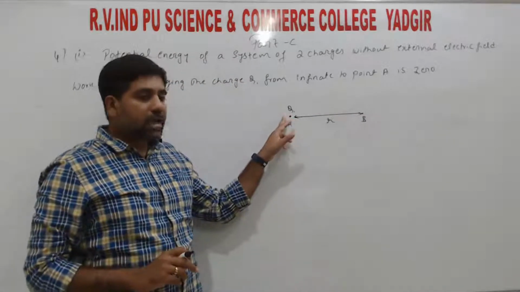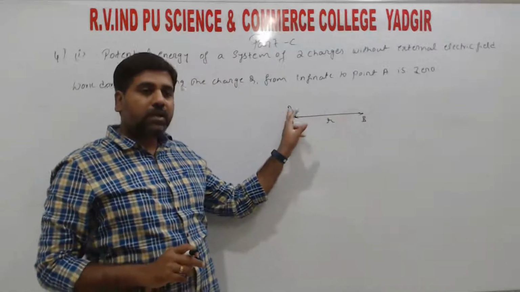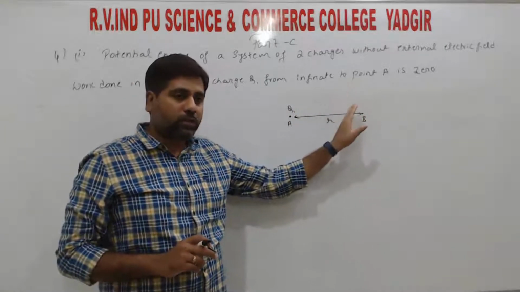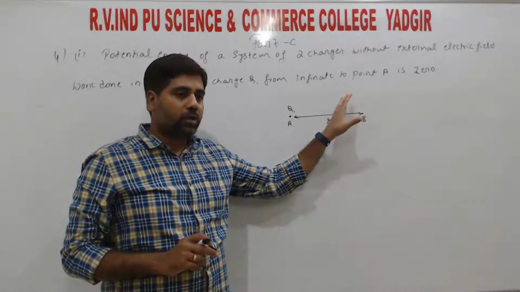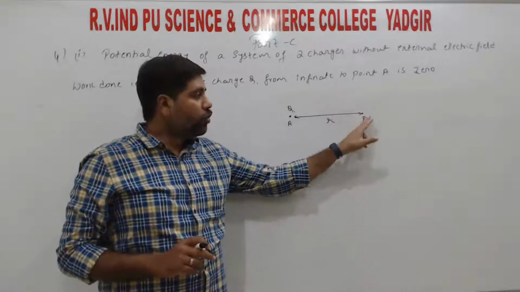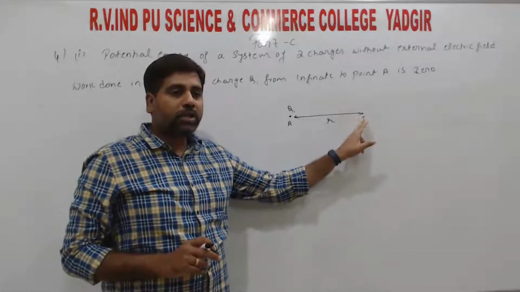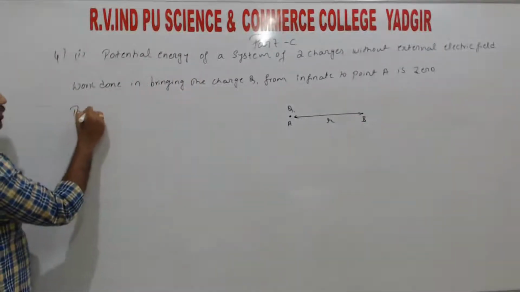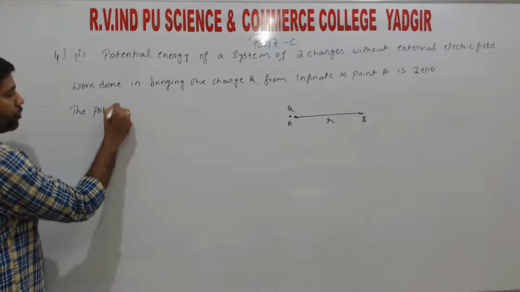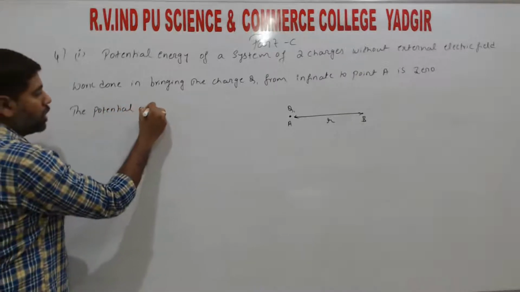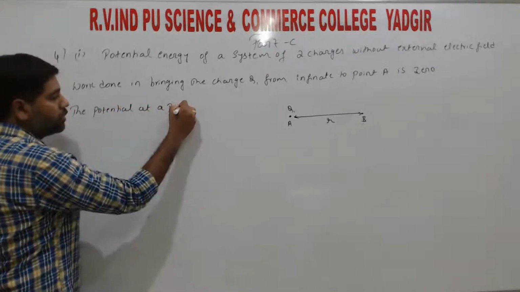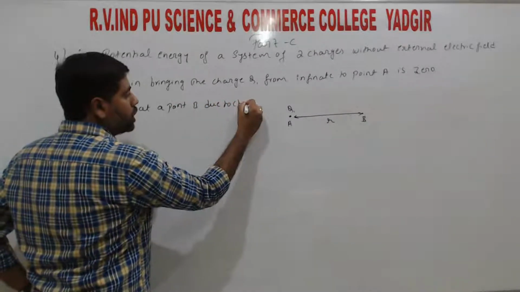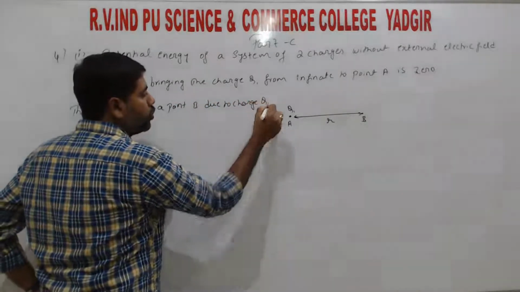Here we have a charge, and if there is a charge, there is an electric field. If there is an electric field, there is a force. So due to that electric force we need to find the potential at B, that is, the potential at point B due to charge Q1.